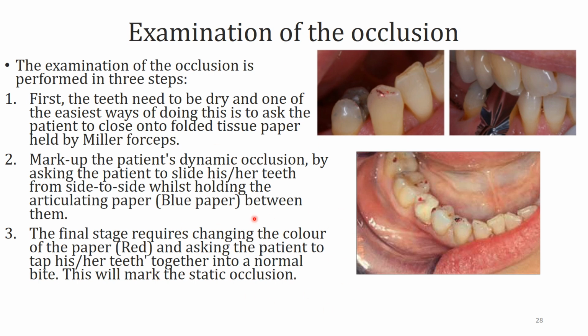We tell the patient to open and close. We use the Miller forceps to hold the articulating paper in place. So on one side there is a blue marking and on the other side there is a red marking. That is what it is in short.